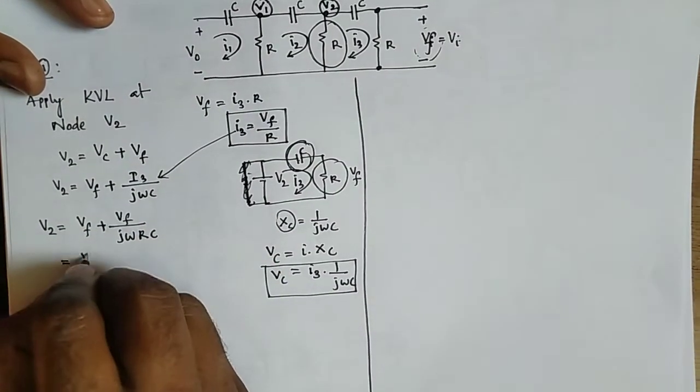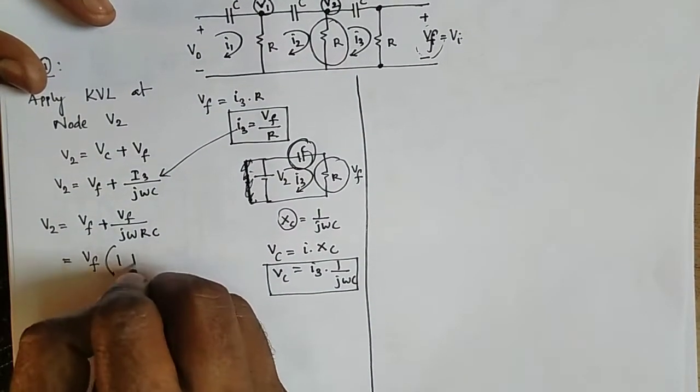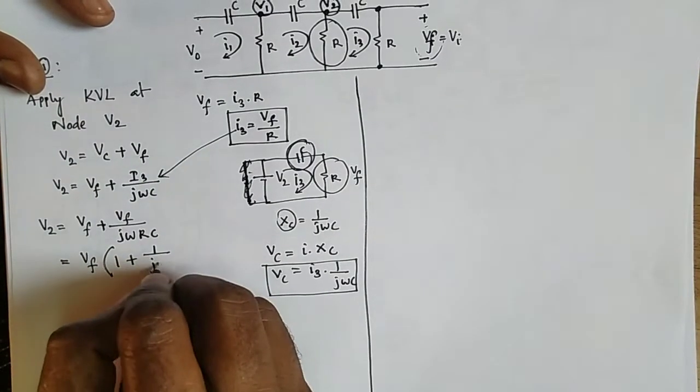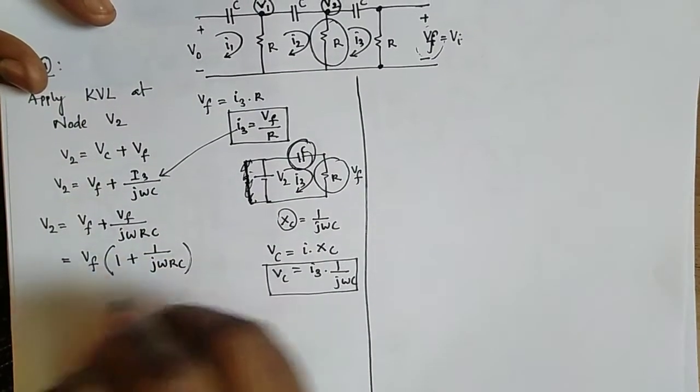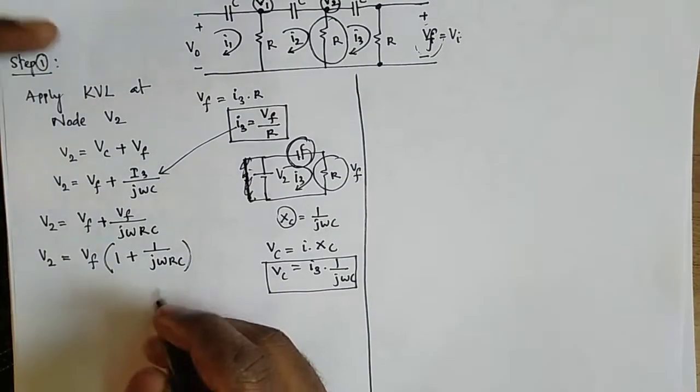Vf is common: V2 is equal to Vf into 1 plus 1 by J omega RC. That is the function for V2.